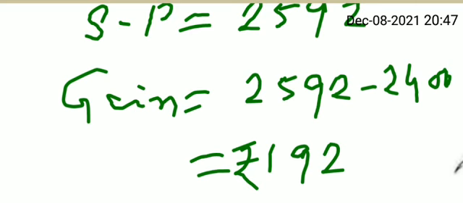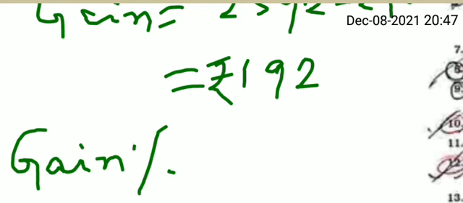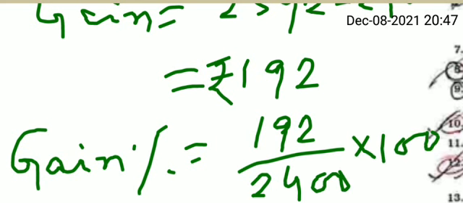So gain percent will be, so write, gain percent. We know the formula: gain percent means gain by CP into 100. So gain here is 192, CP here is 2400, into 100. The 0s will be eliminated.